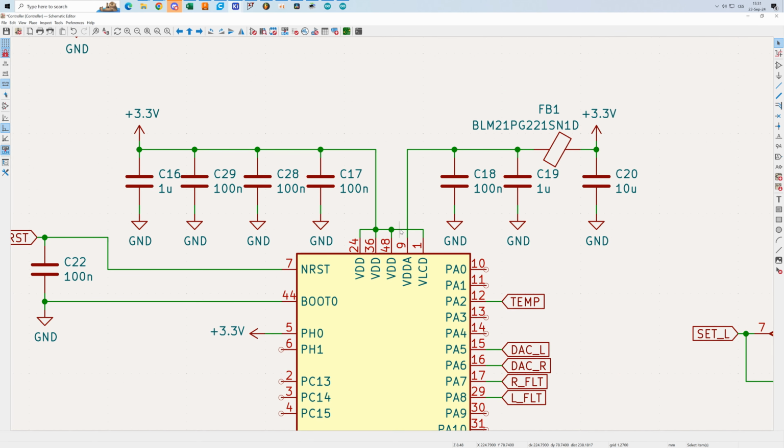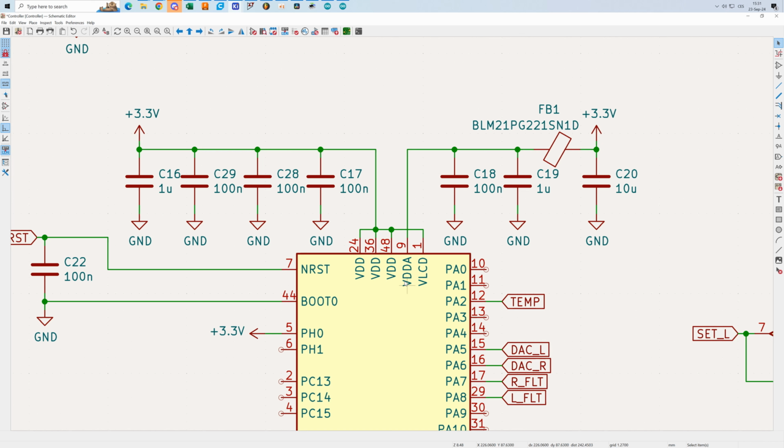But there is a very important thing over here. We got 1, 2, 3 100 nanofarad capacitors, one 100 nanofarad capacitor for each of the VDD pins, and one common 1 microfarad capacitor in parallel as well.